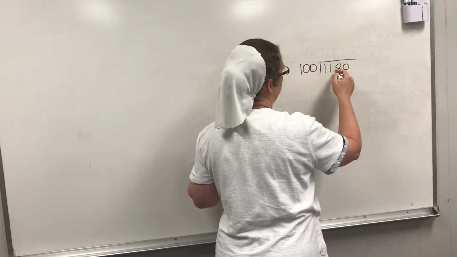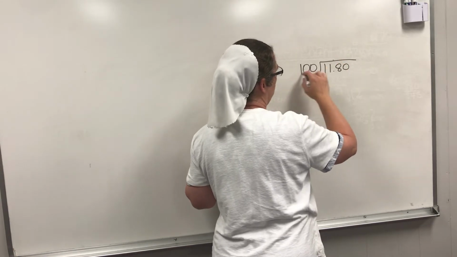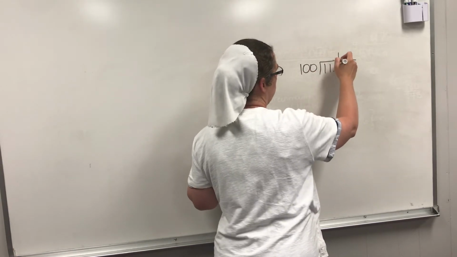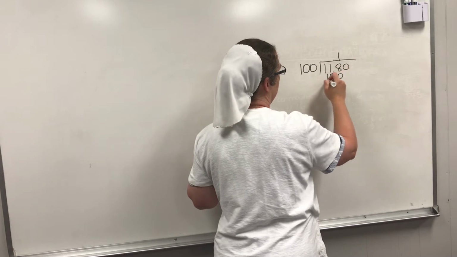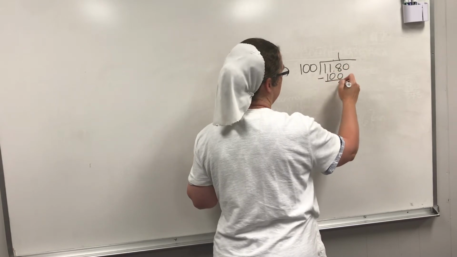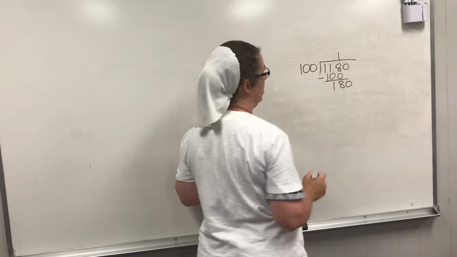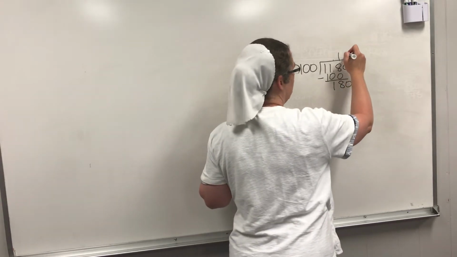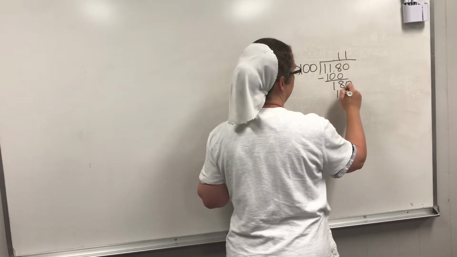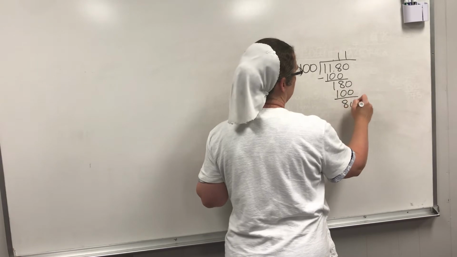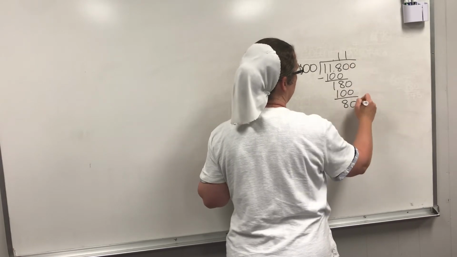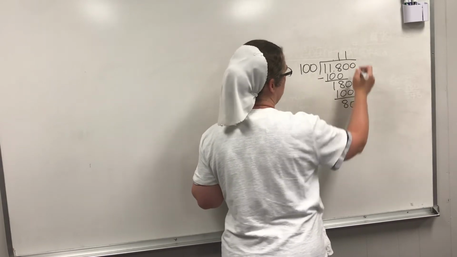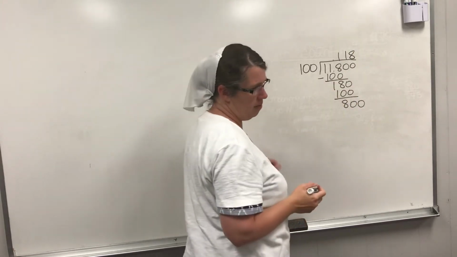Put your decimal point up. You can go 100 into 118 one time. Subtract. 100 into 180 again goes one time. Subtract again, drop a 0. 100 into 800 goes 8 times.